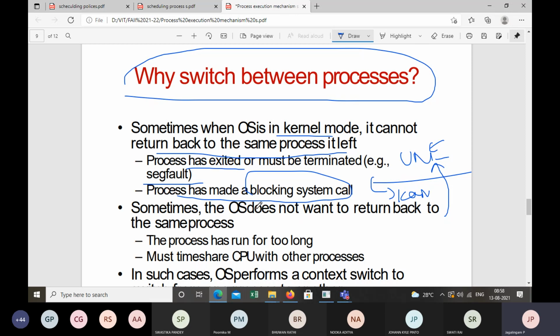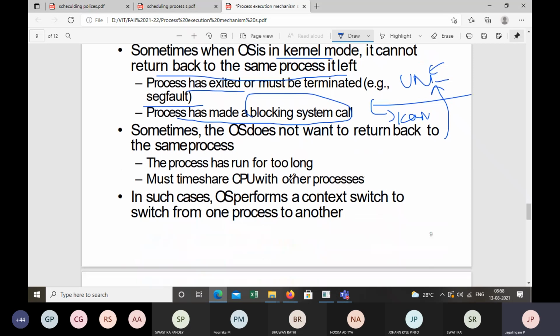And sometimes the operating system decides it doesn't want to return to the same process because that process has run for a longer period of time. Let me go to a different process, because the operating system time shares the CPU with multiple processes. So the operating system performs a context switch from one process to the other process.